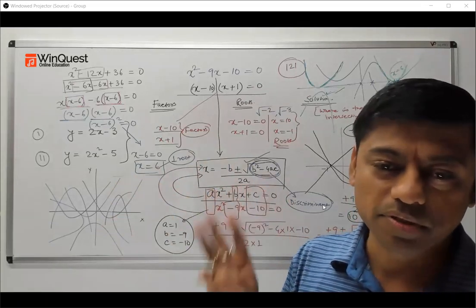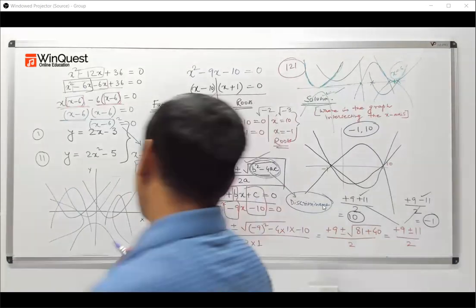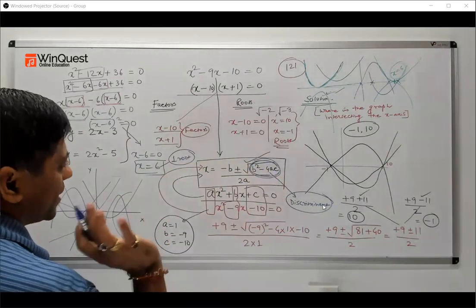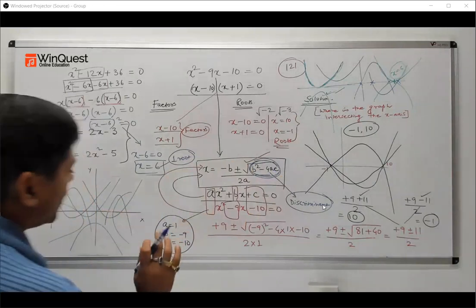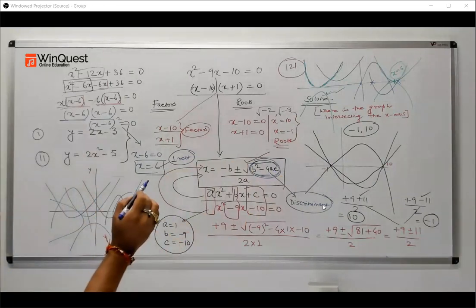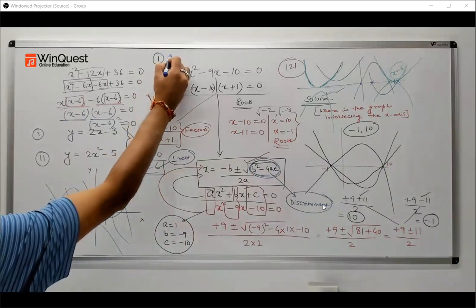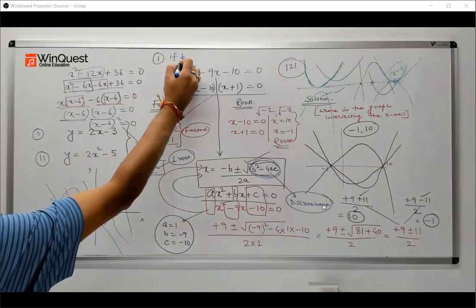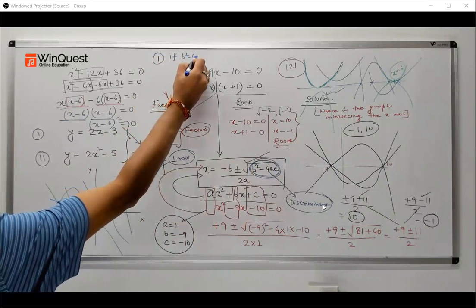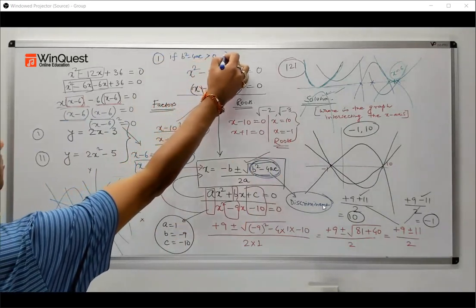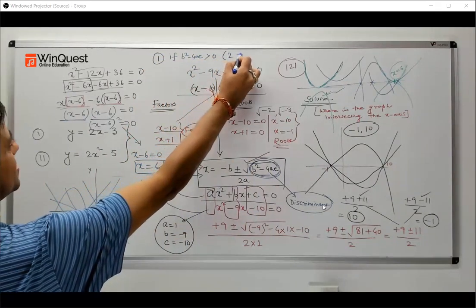Three distinct types. So I will make a clear rule out of this discriminant. Okay. How will I make that rule? First, if b square minus 4ac, which is the discriminant, is greater than 0, two roots.